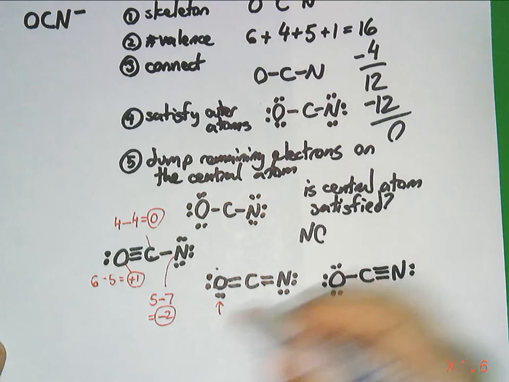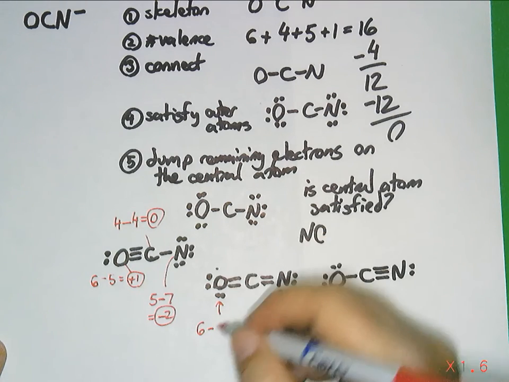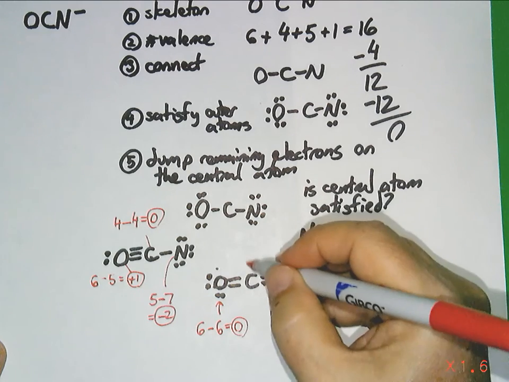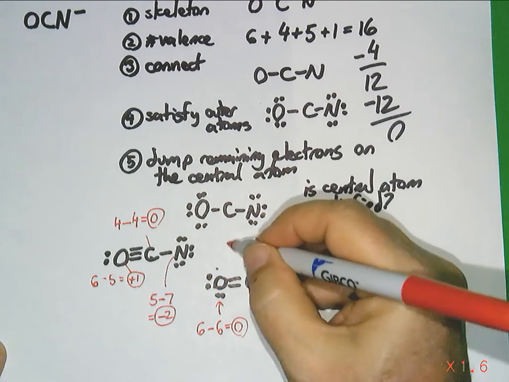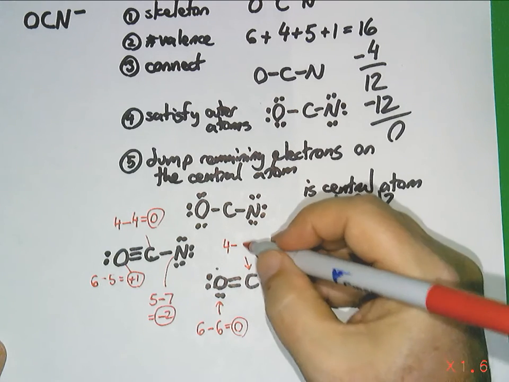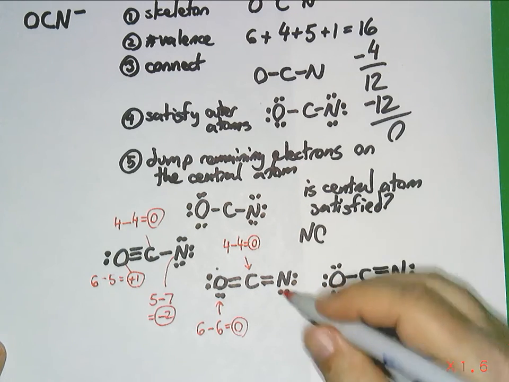If I look at this oxygen, it's 6 minus 1, 2, 3, 4, 5, 6, 0. That looks good. The carbon here is 4 on the periodic table, minus 1, 2, 3, 4 sticks and dots is 0. Looks better yet.